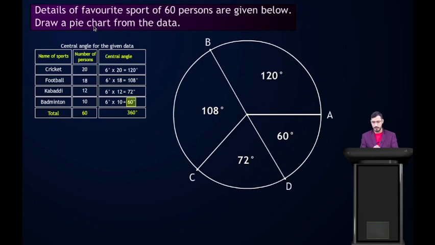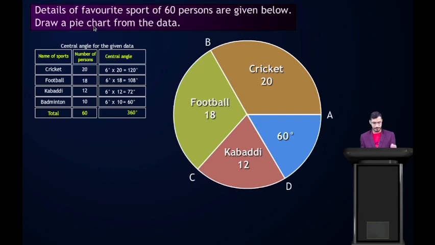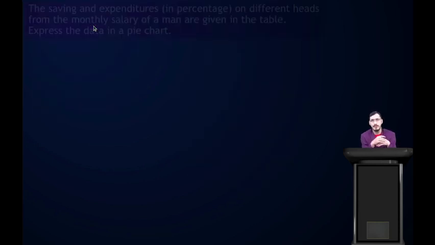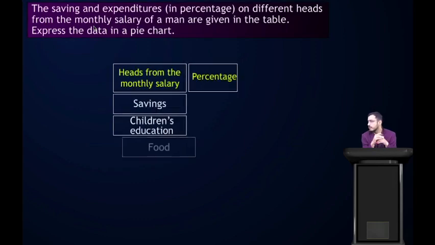So we mark all the angles like this. Now write the corresponding segments here. Remember, 120 degree is cricket, so we write cricket. 108 degree is football, so we write football. Then kabaddi and then badminton. Okay students.